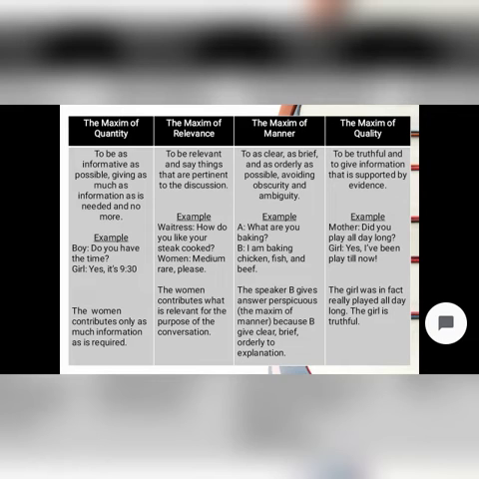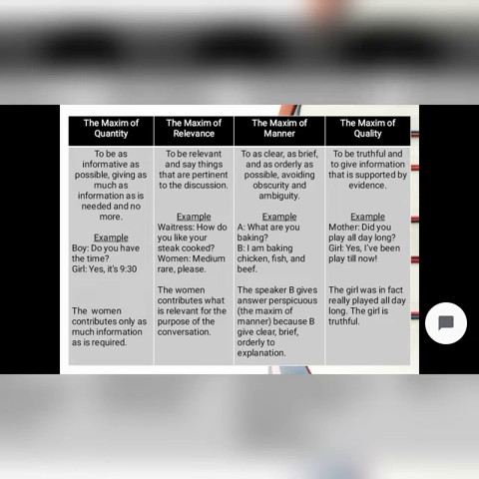Okay, next, the maxim of manner. To be clear, brief, and orderly as possible, avoiding obscurity and ambiguity. So, for example, the maxim of manner, in other words, be perspicuous. Be perspicuous.